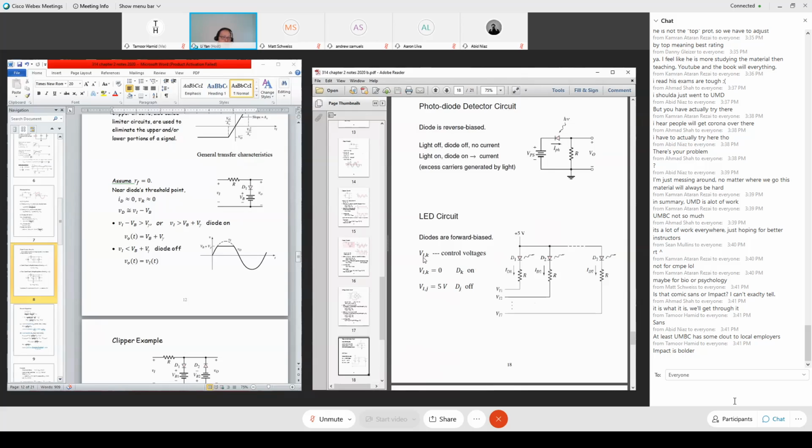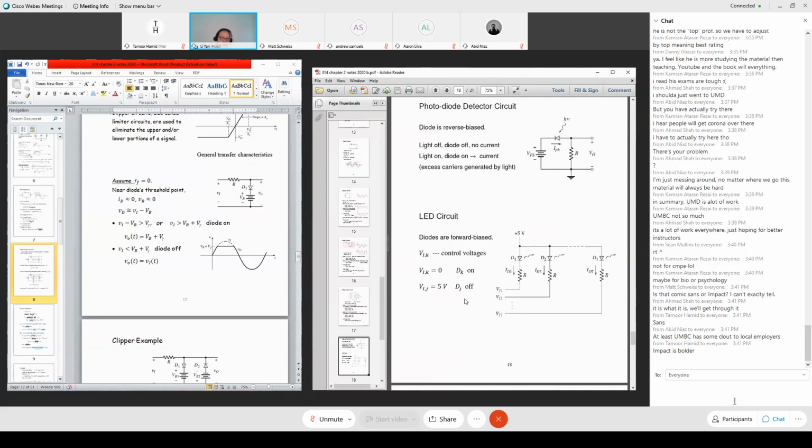So VI is the control voltage, and K means the Kth diode. If any one of the control voltages, say VIK, is 0, and the other side is 5 volts, it is forward biased and the diode is on, so it emits light.